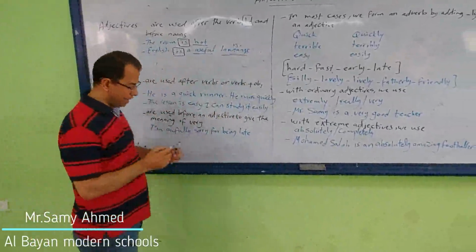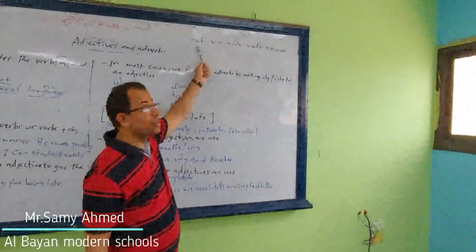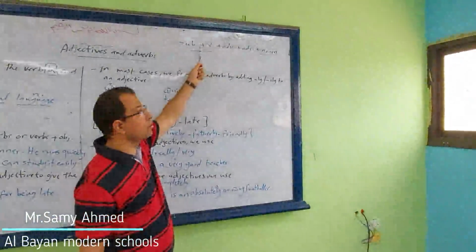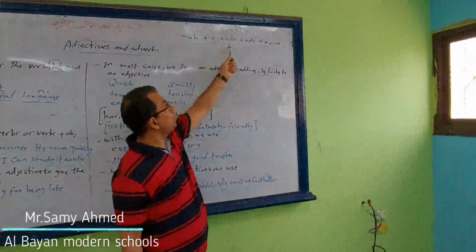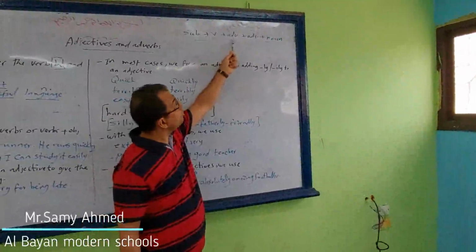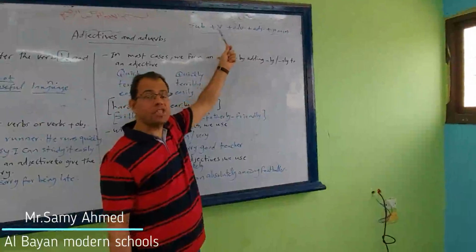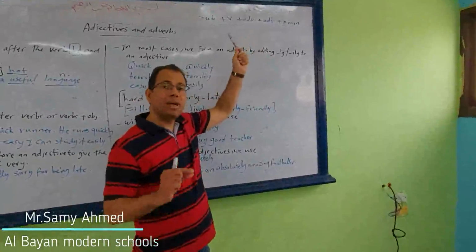We said before that to form a sentence, you must start your sentence with subject followed by verb according to the tense which you are going to use, whether it is present, past, or future, and then followed by the adverb. So the adverb is the word related to the verb, which can describe, clarify the way the verb happens.